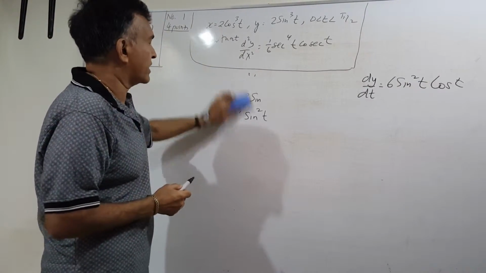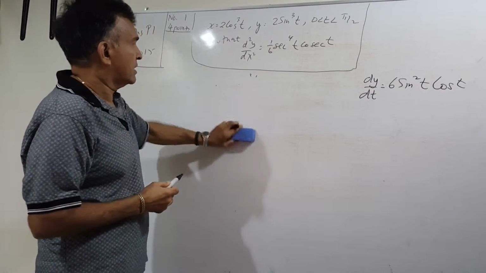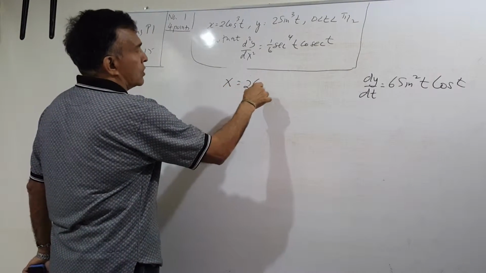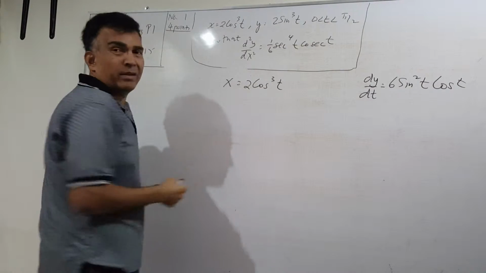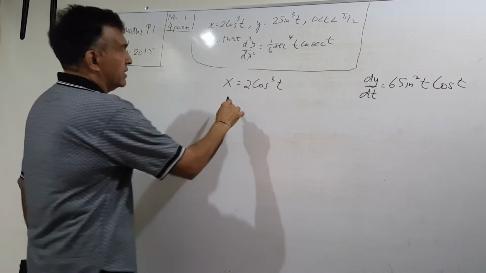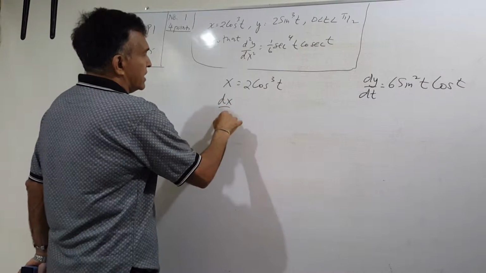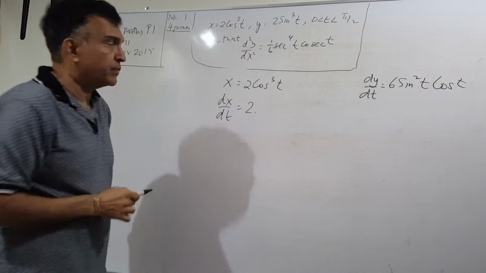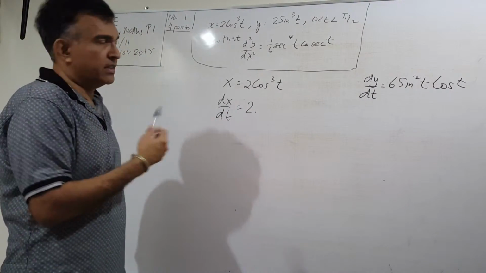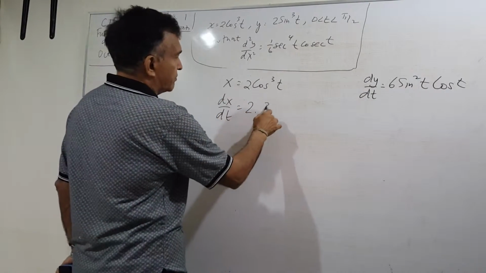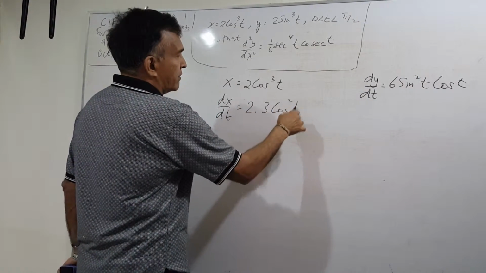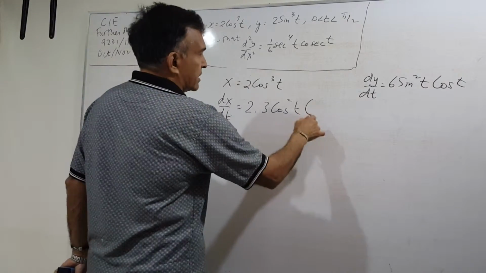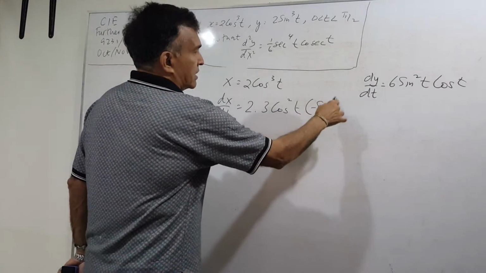Now let's take care of x. x is given as 2 cos cubed t. Same method we are going to use, differentiation, dx dt. The 2 I'm leaving alone. Differentiate cos cubed t. Bring the power down, reduce the power by 1, then differentiate cos t, you will get minus sine t.